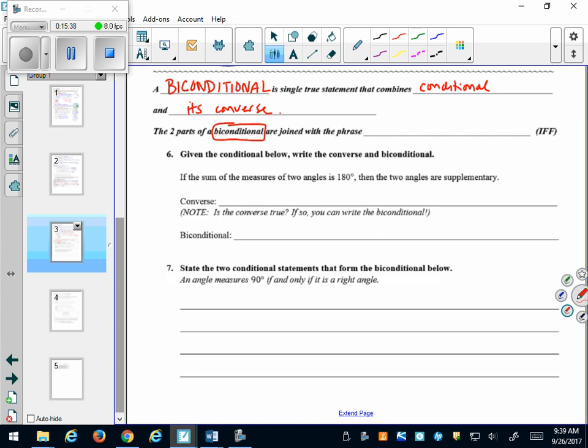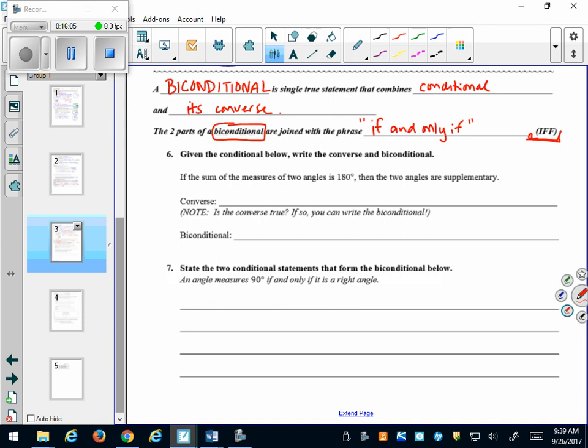And you can tell a biconditional because it has the phrase "if and only if" in it. The abbreviation for if and only if is IFF. Now, this can only be written if the conditional is true and the converse is true.